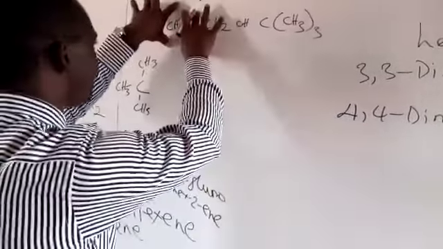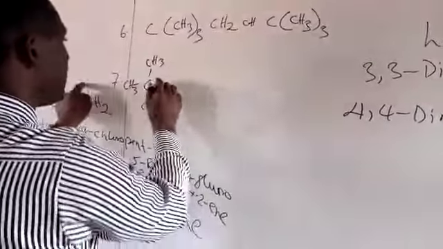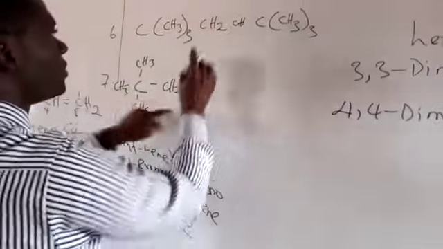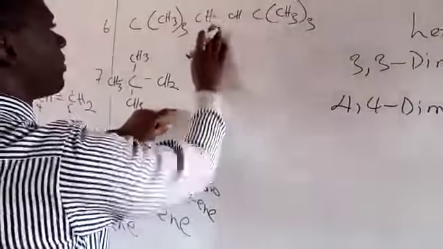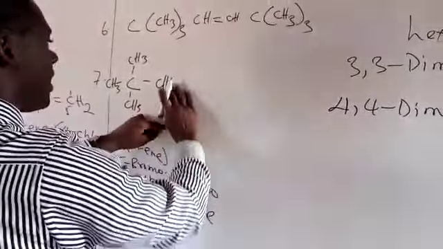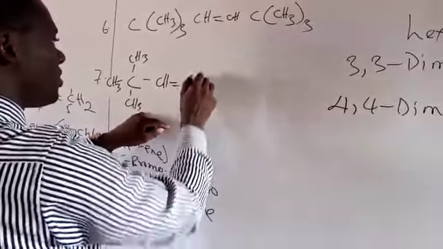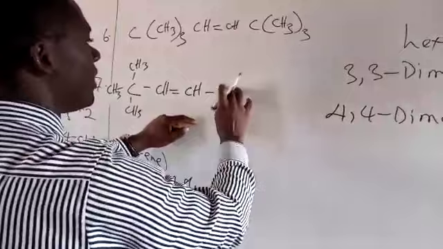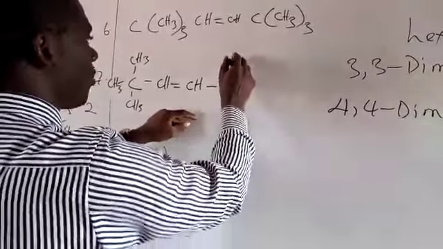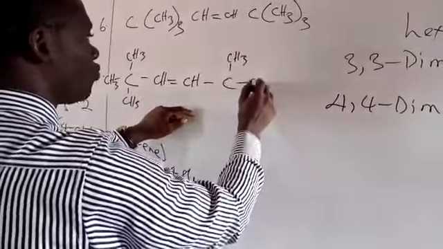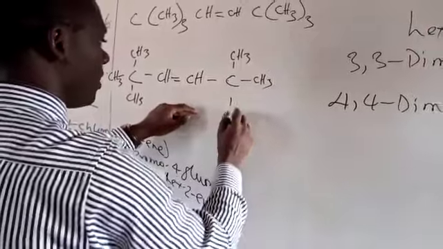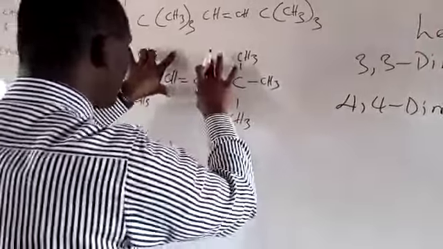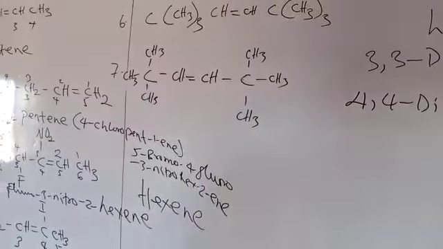So these are the 3 methyl groups attached. Then this one now, CH2. This one is supposed to be a double bond here. CH double bond CH. Then the same thing happens here. This carbon is clustered by 3 methyl groups. So when you open it this way, it becomes easier for you to name.